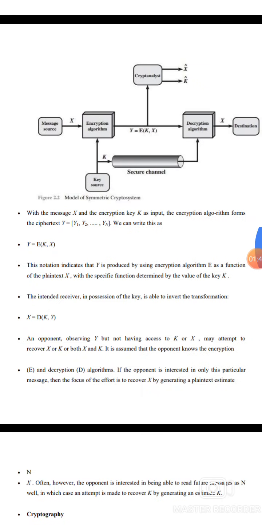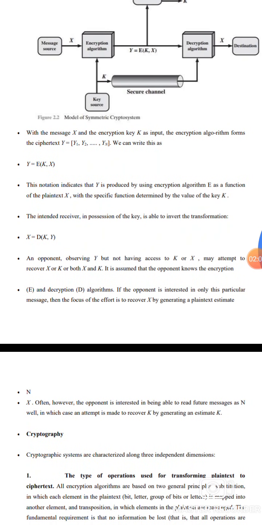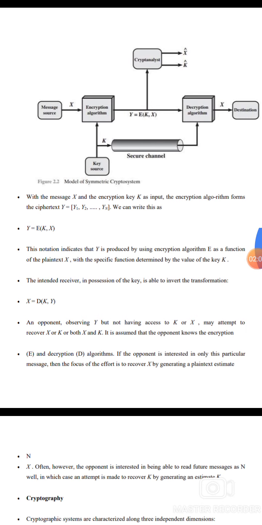The message source goes to the encryption algorithm, the cryptanalyst intercepts, then the decryption algorithm, then the destination. The key source supplies the key over a secure channel. This diagram explains the model of a symmetric cryptosystem.